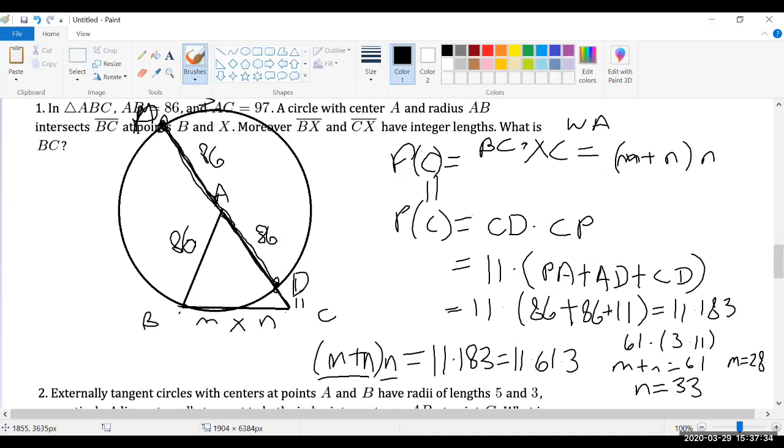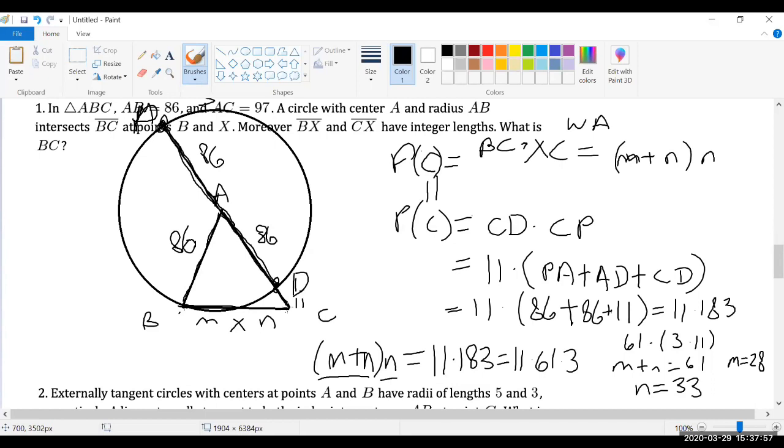And that means that this satisfies all the requirements, first of all, because they're integers. And second, we have to check this triangle ABC. Is it actually a triangle, right? We have to check the triangle inequality, which says that the sum of two lengths have to be greater than the third.